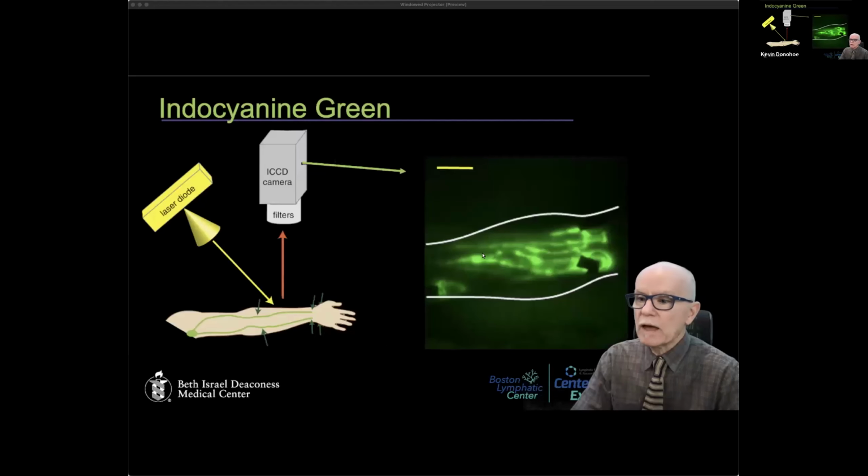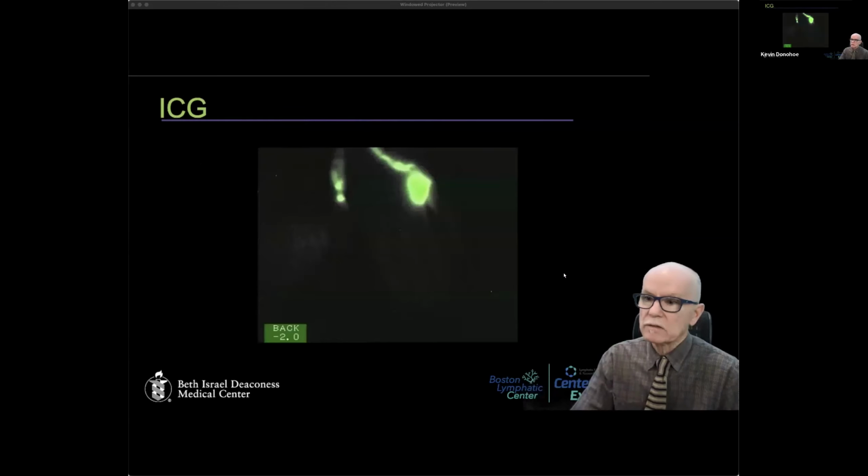After you inject the tracer, you shine a specific wavelength of light on it, which causes the agent to fluoresce, and we can pick that up with a camera and get pictures of the superficial lymphatics.